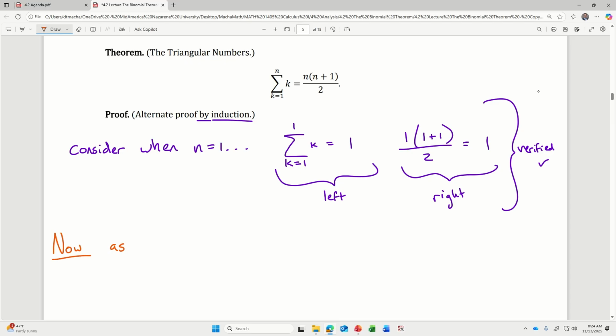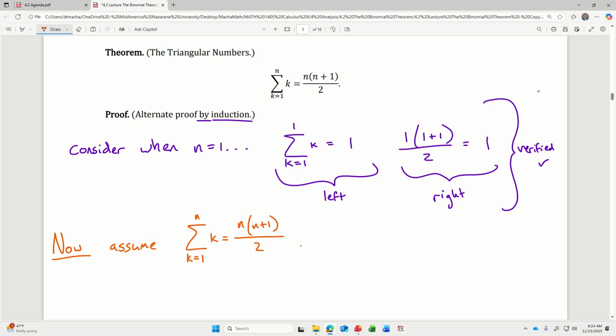Now we are going to assume that this is true for any arbitrary n. We're going to make the assumption that this formula works. I know we haven't proved that yet, but for now, just enter the world where we're assuming that this is true.